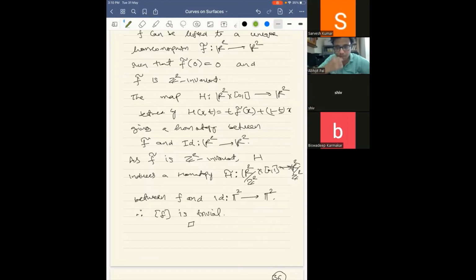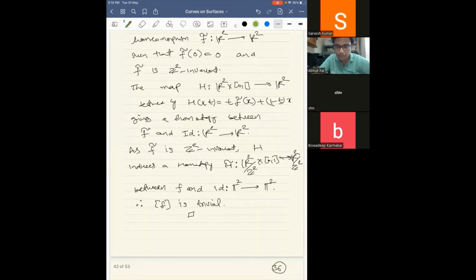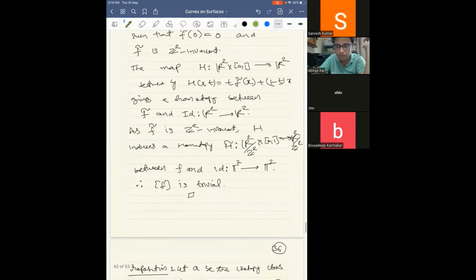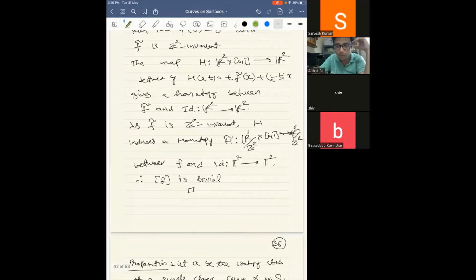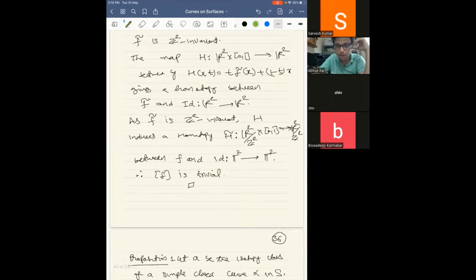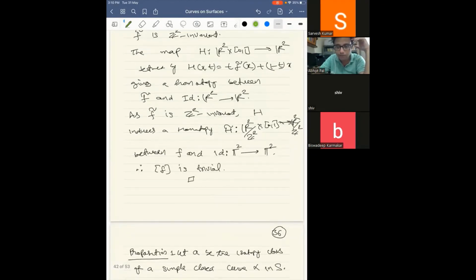What I was thinking is H from R2 cross the closed interval [0,1] to R2, and then you compose with the quotient map from R2 to R2 mod Z2. That will give you a map from R2 cross [0,1] to R2 mod Z2. But I know F tilde is Z2 invariant, so why will it induce a map? Let me draw a diagram.